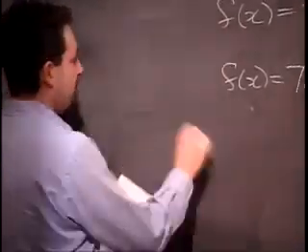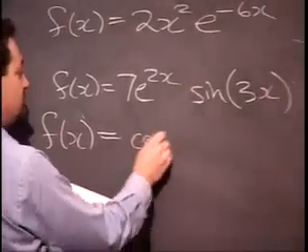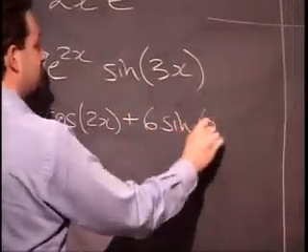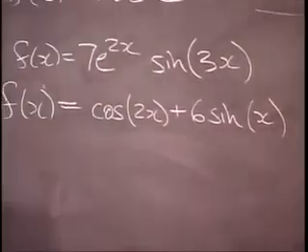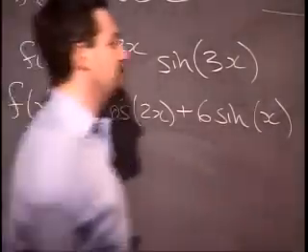All right, what else? How about this? F of x is equal to cosine 2x plus 6 sine x. Well, this one needs a cosine and a sine, and this one needs a cosine and a sine.